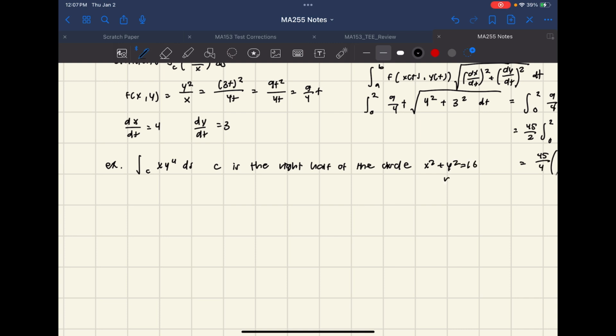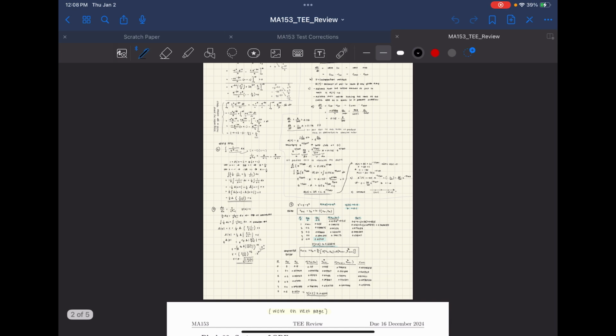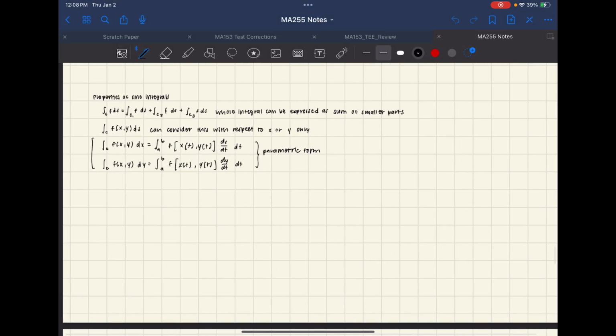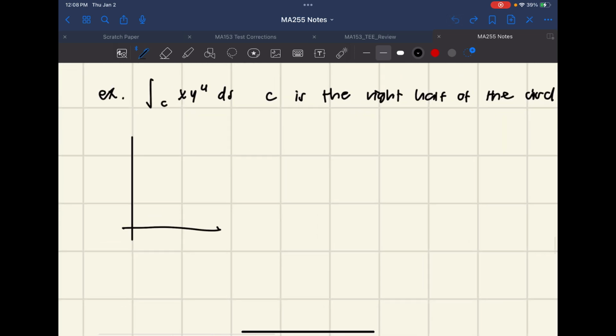From this we know that the radius is 4. So I'm going to draw. Whoops, no, hold on. Where was I?